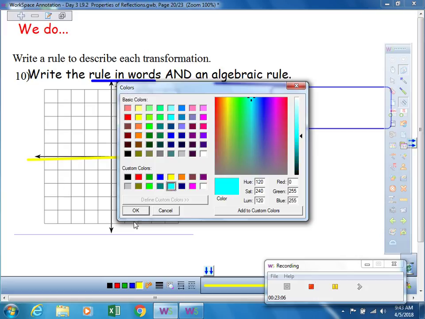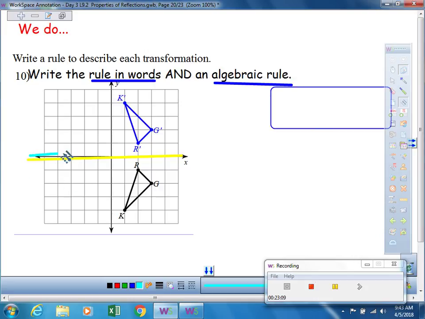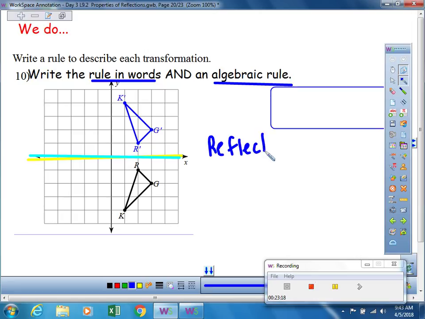So you would say reflection across the x-axis.